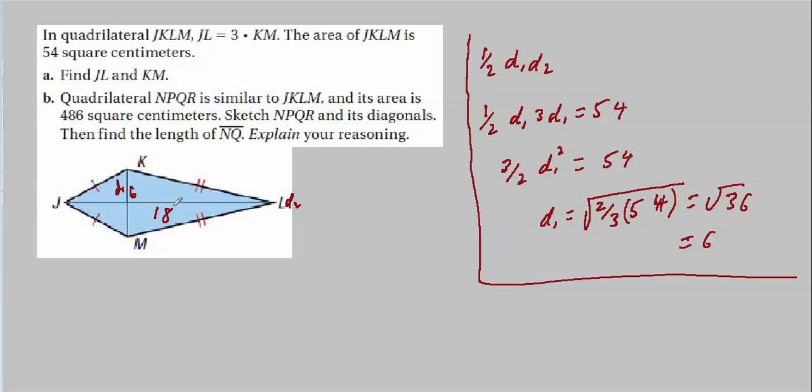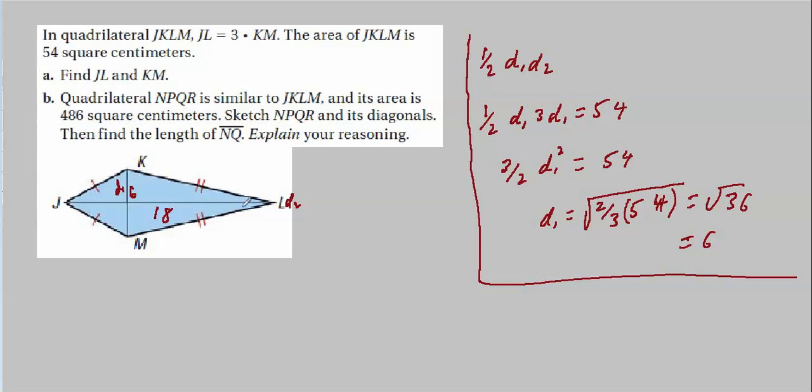So if on our original kite, this diagonal is 3 times the length of this one, our new expanded kite, if it's a proper transformation, and they say it is, because they say that these two kites are similar. That means the diagonals have to be in the same ratios also.